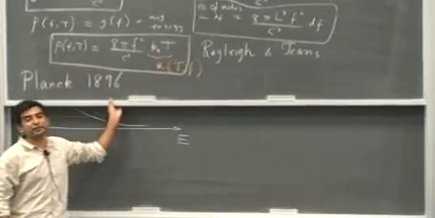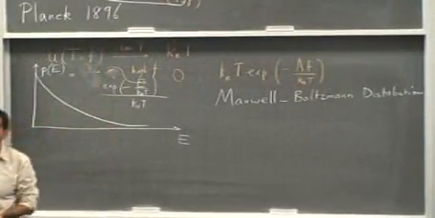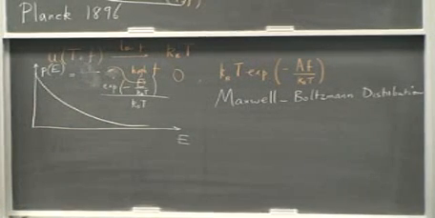How do we find the average of something? Suppose you have a dice, 1 2 3 4 5 6. What's the average number that you will get in a statistical process? 3.5. That's the average you will get. What will you do?